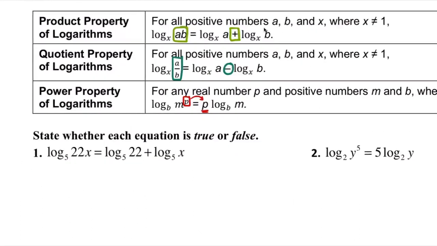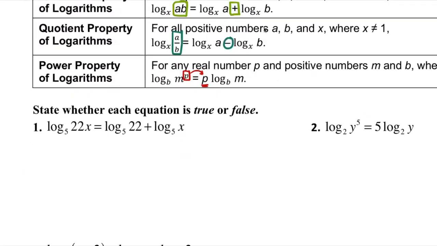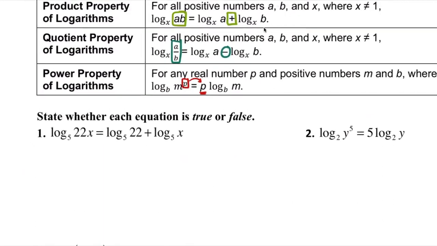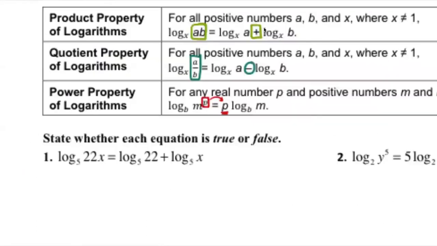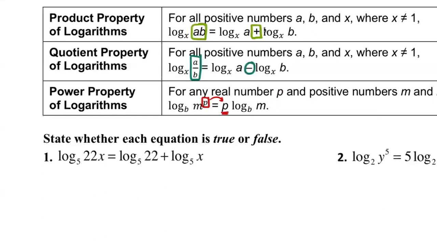properties of logs. For example, number one, it says state whether each equation is true or false. Based off of the property, I see I have a product here and I can split it up with addition. That's looking good. I'm just going to double check my log base 5 is consistent. Log base 5, log base 5.